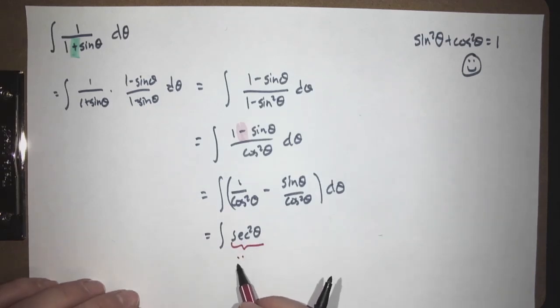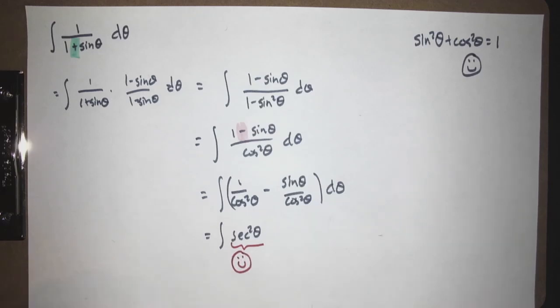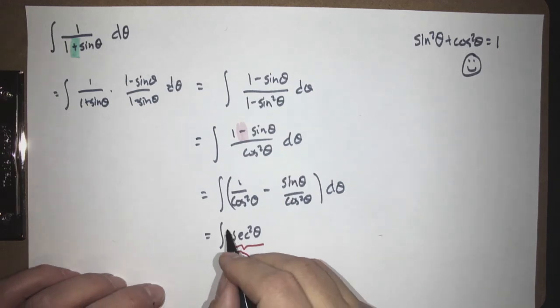But why? Because it's on our list. We know how to take the integral. Yes, it's on our list. Being on our list is a happy thing for us. With that in mind, sine theta over cosine squared theta, can we write that in some way that makes us happy?